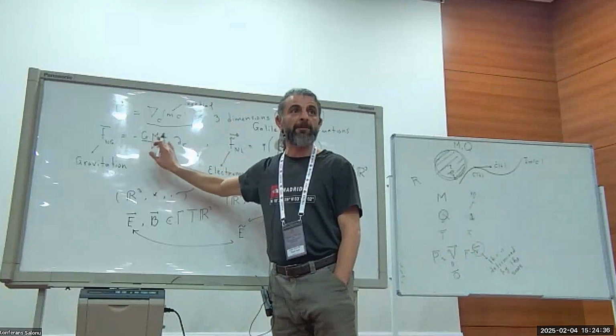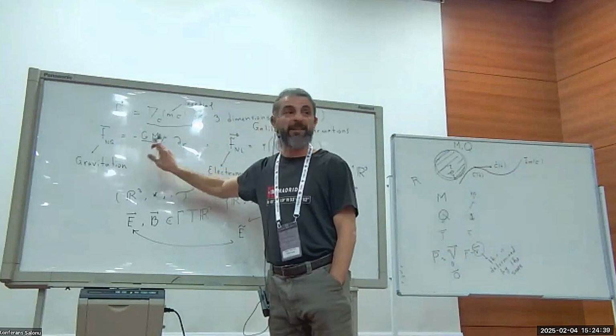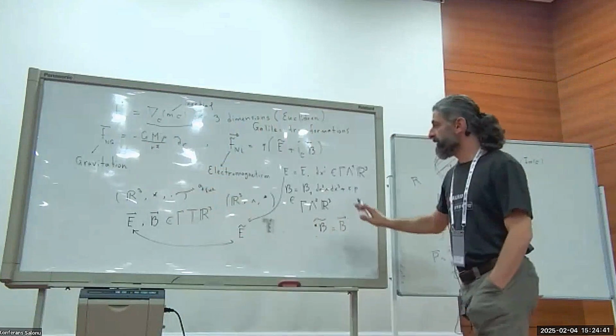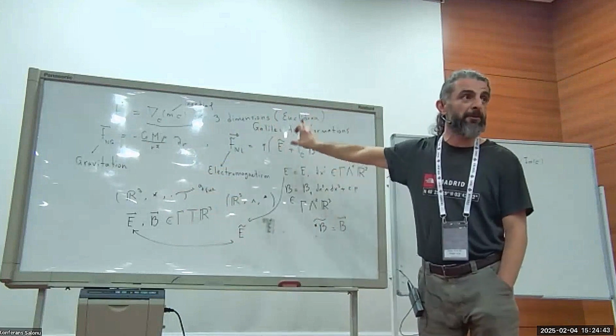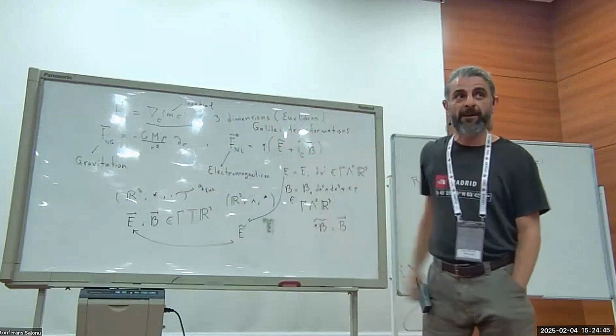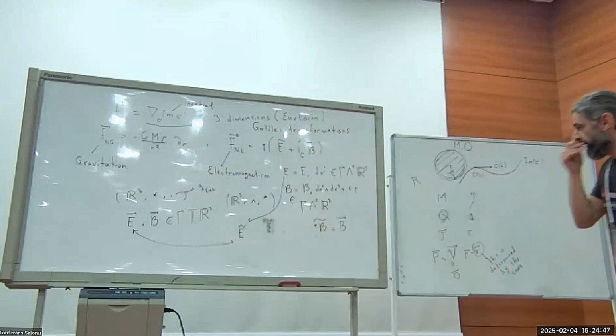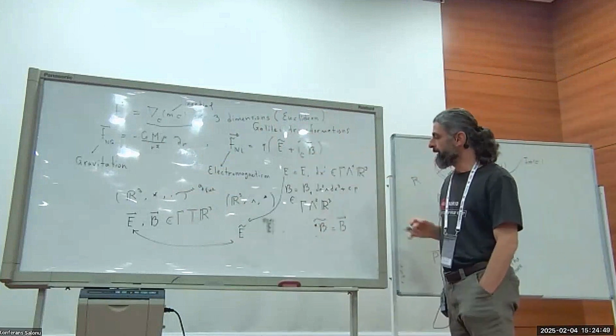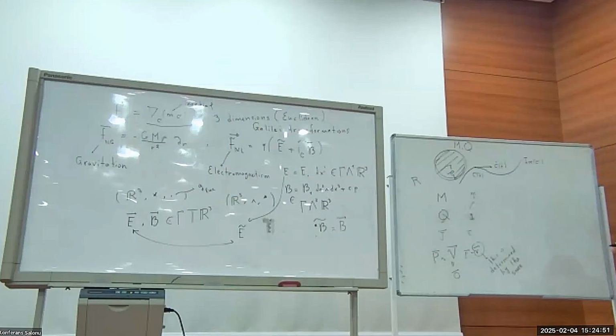I will talk about this case later on. Let's only concentrate on the electromagnetism part. Example. So you know that Galilean observers are also associated with curves in this setup, in the modern differential geometry formulation of classical physics.